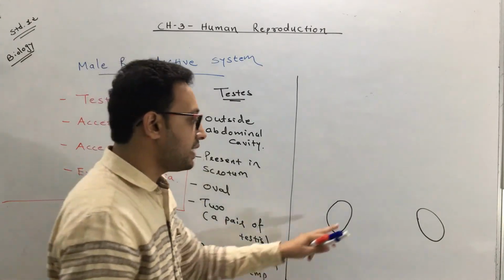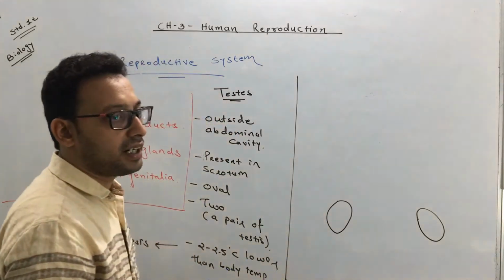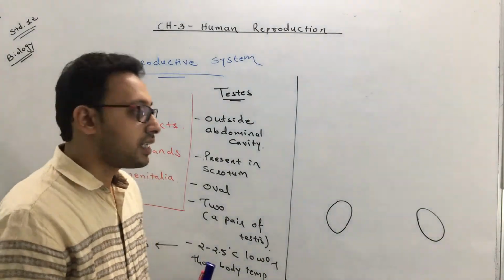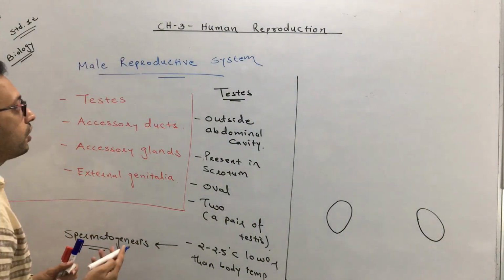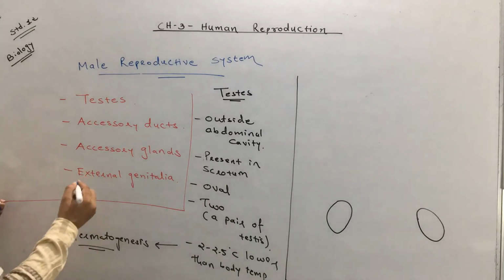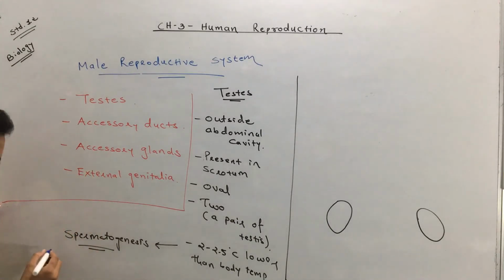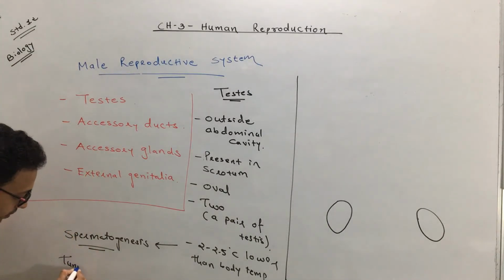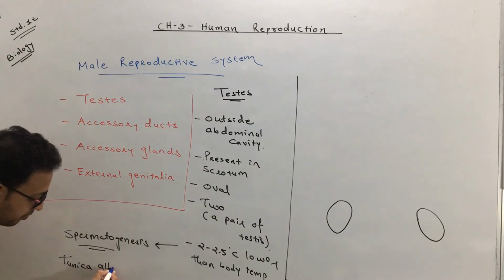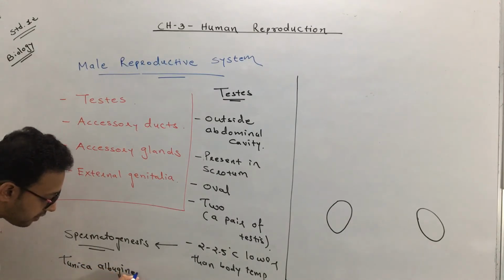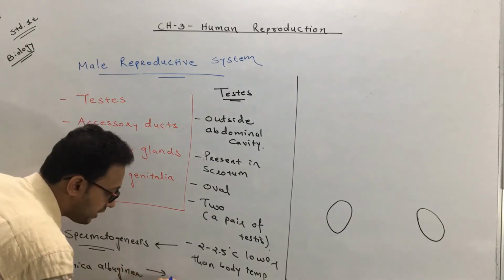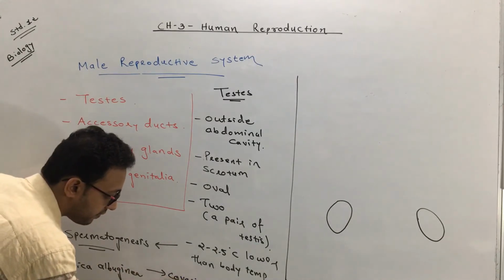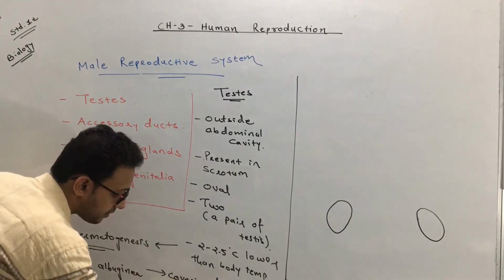Okay, these testes are surrounded by a covering. The covering of the testes is called Tunica Albuginea. I write over here. What is a Tunica Albuginea? It's a covering of the testes.